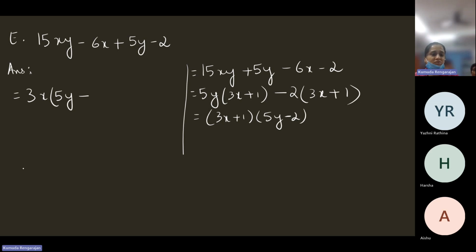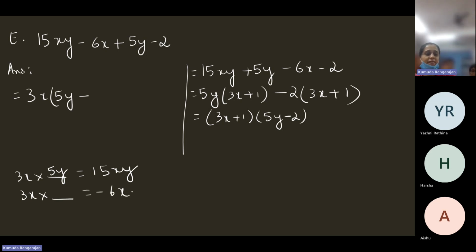See, children, we are always doing this. 3x into what will give the first term 15xy? 3x into 5y will give us 15xy. Then again 3x into what will give you the second term, minus 6x? Minus 2. Now between the third and the fourth term, 5y and minus 2, what's common?